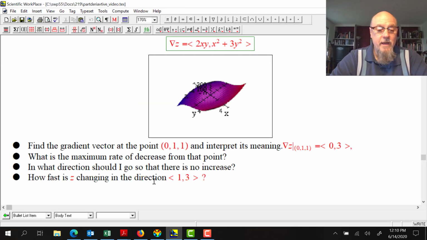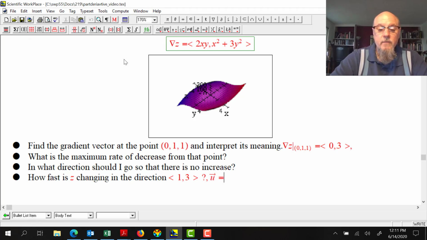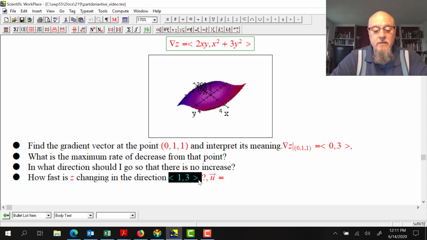But first thing I got to do is, this is not a unit vector. So I got to make this into a unit vector first. The unit vector that just has the direction in it, I got to take this 1, 3 and divide out its magnitude.